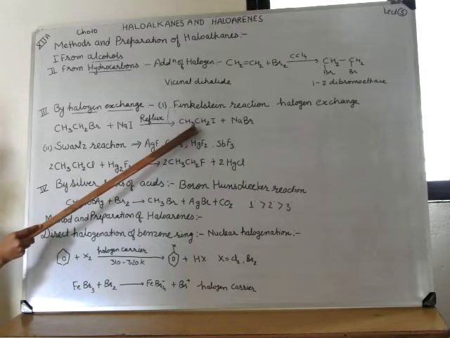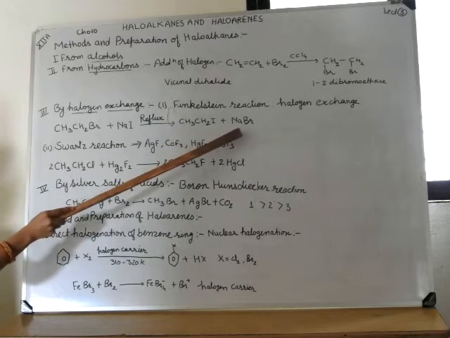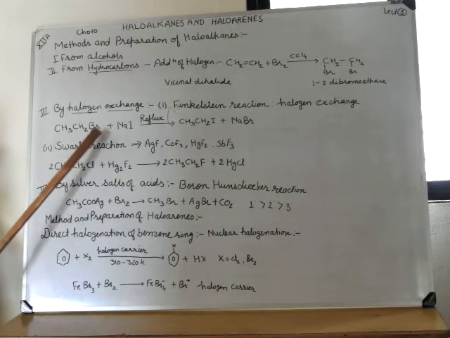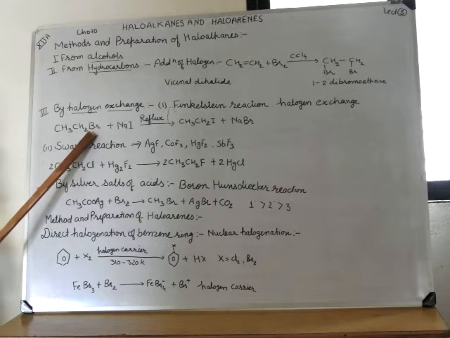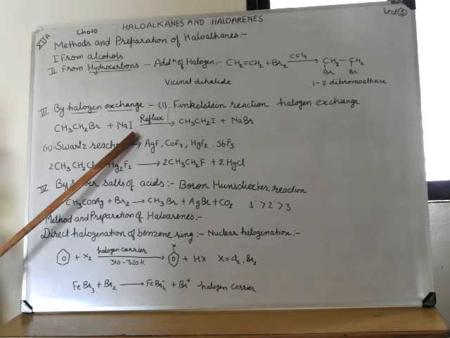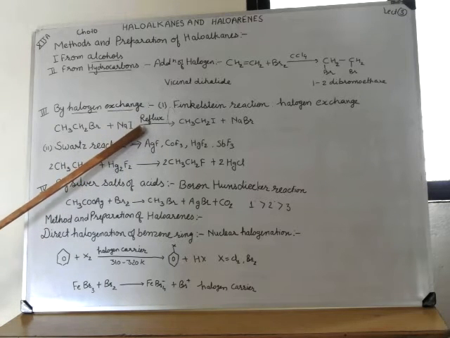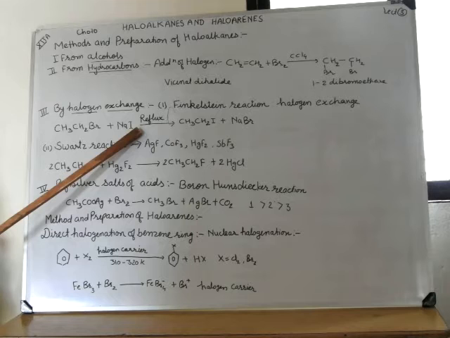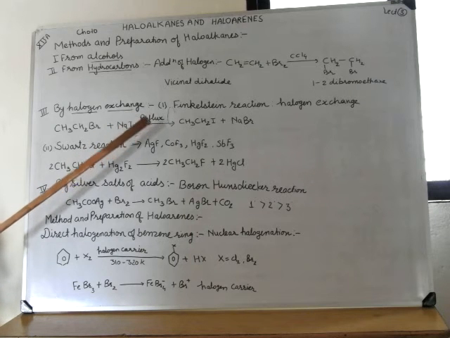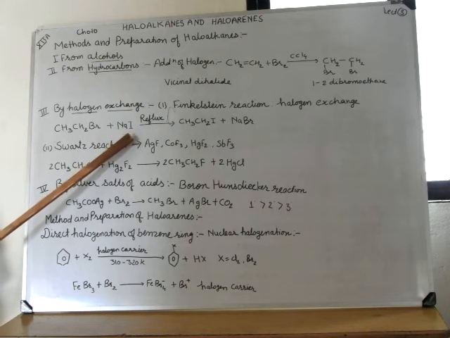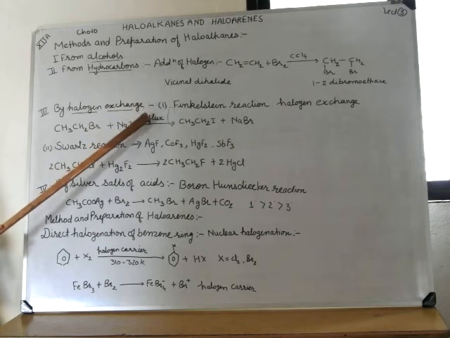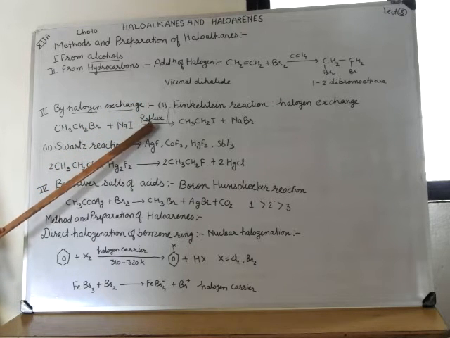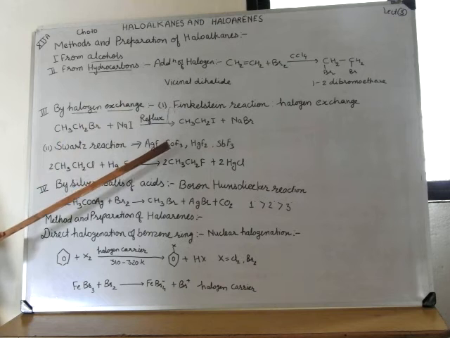It gives CH3CH2I and NaBr. Here bromine is exchanged with iodine. In this process, reflux means evaporation takes place and condensation also takes place.